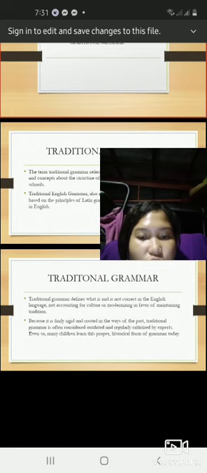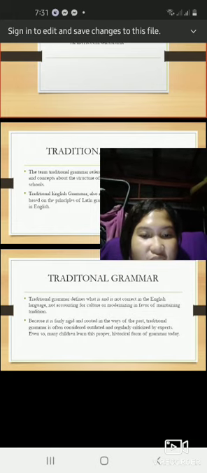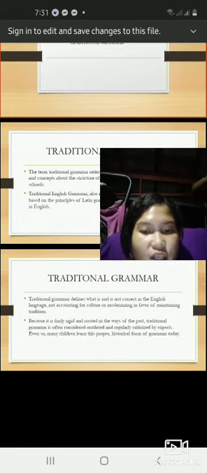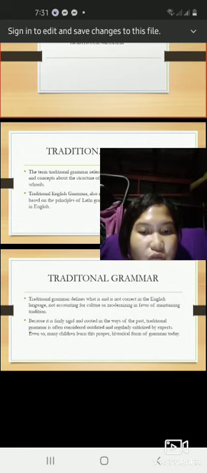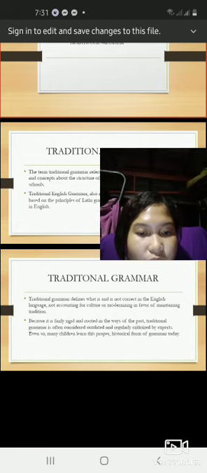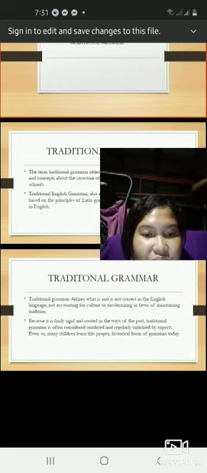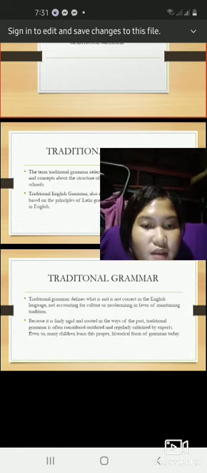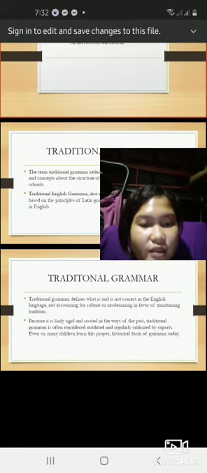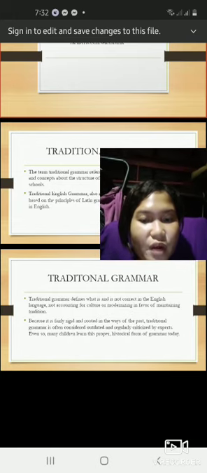Traditional grammar also defines what is and is not correct in the English language, not accounting for culture or modernizing, in favor of maintaining tradition. So, similarly to the prescriptive grammar, traditional grammar defines what is and is not correct in the English language.